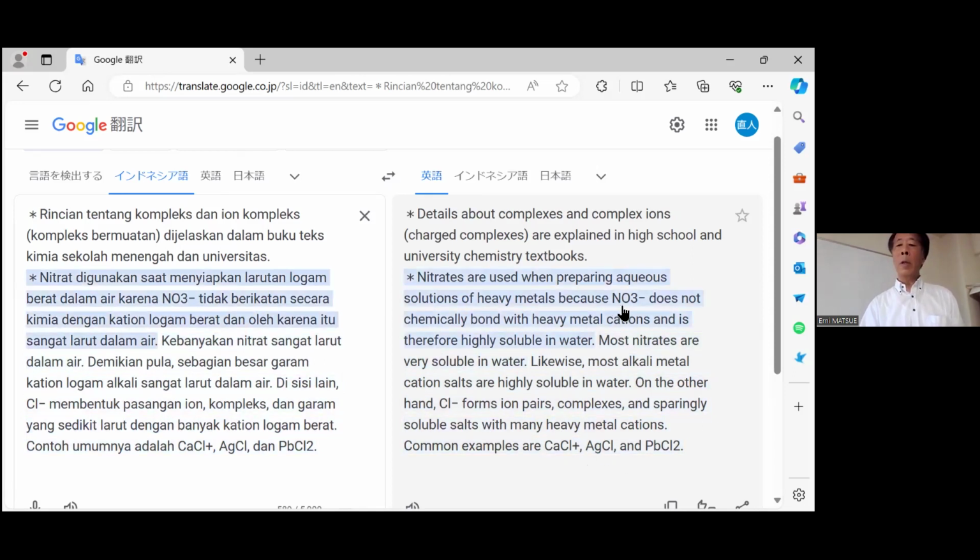But NO3- usually does not chemically bond with heavy metals, and even with iron and aluminum.